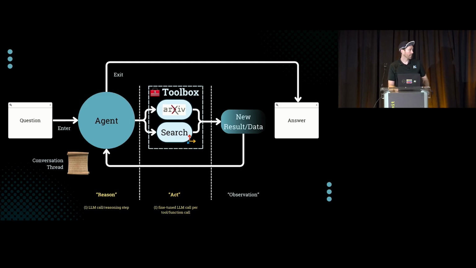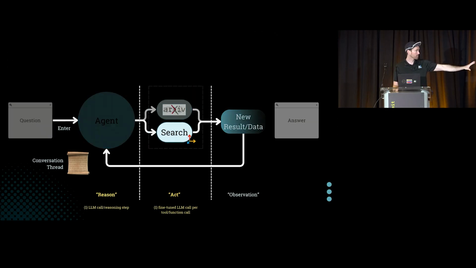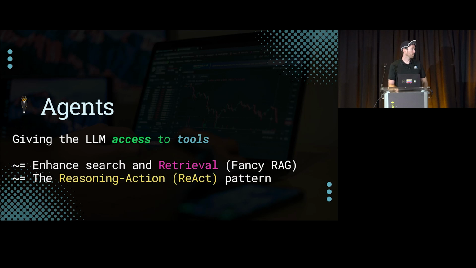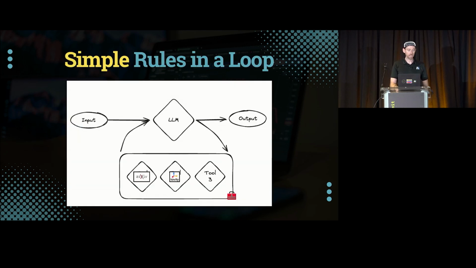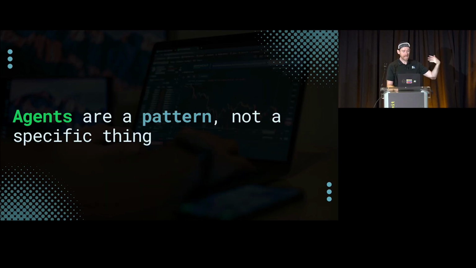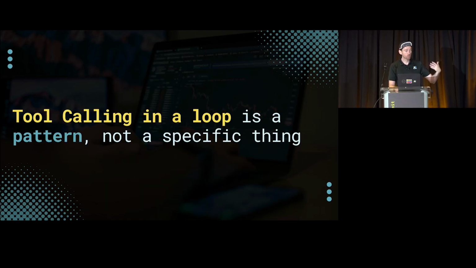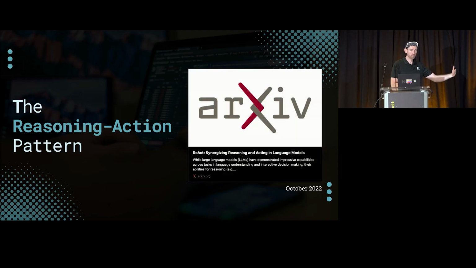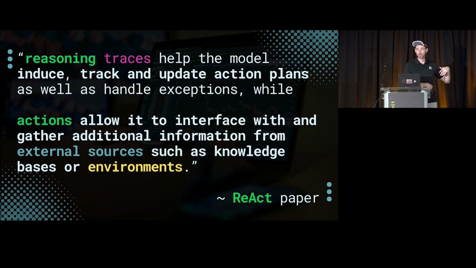If we zoom in here, we can see the reasoning and action part of this happening in this diagram. And if we zoom a little bit deeper in and think about this reasoning action pattern, this idea of tools in a loop, this pattern of agents, this tool calling is really just doing reasoning and then acting. From this OG paper, worth a read for everybody building agents.